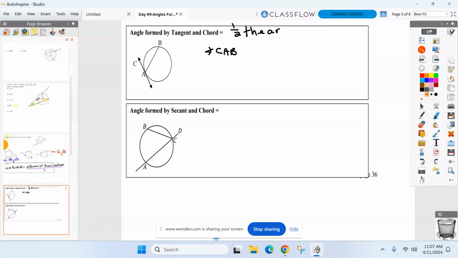So for angle CAB, I'm going to take half of minor arc AB.